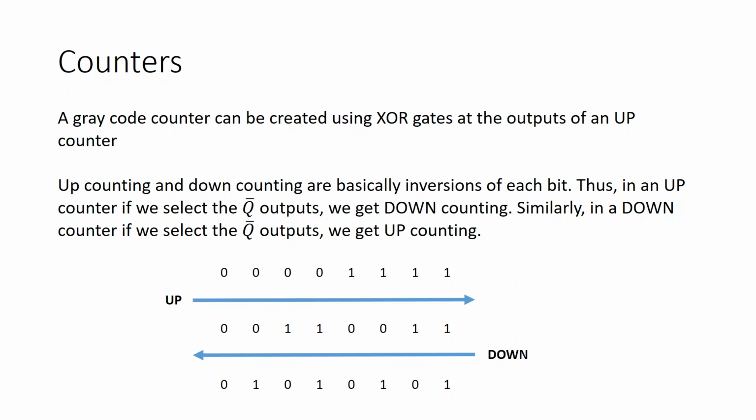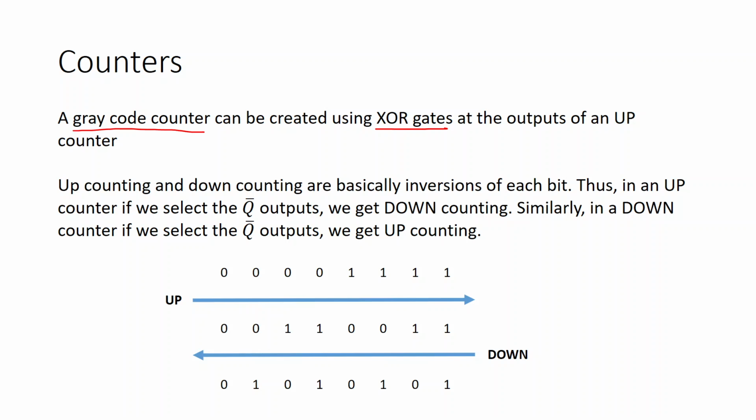Before that, just a pointer here that we can also have a gray code counter, and in the gray code counter we can simply use XOR gates at the outputs of an up counter. By now I hope you have understood, there was a question in the tutorial on how to form a gray code from a given binary code, and you would have figured out that the XOR gates do the trick.